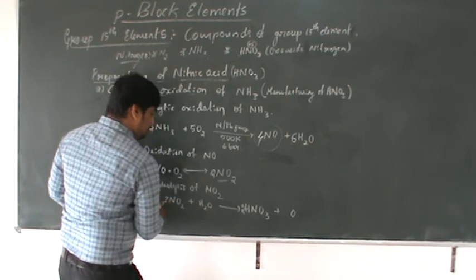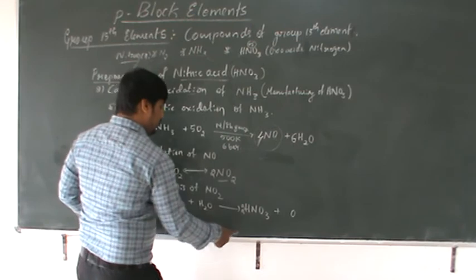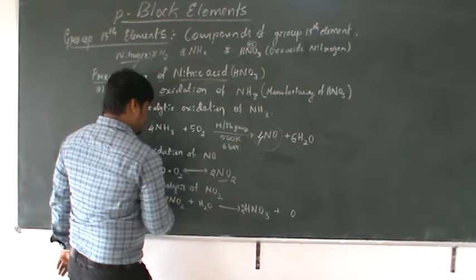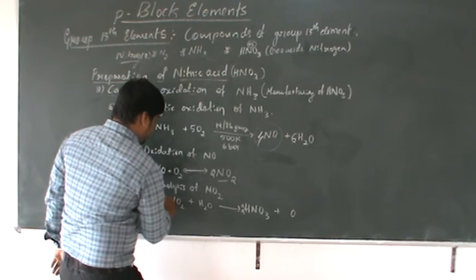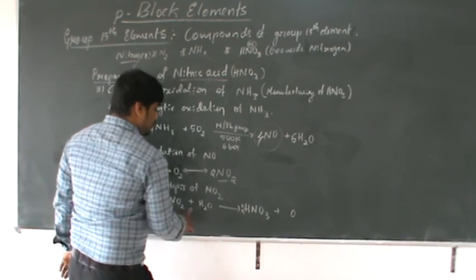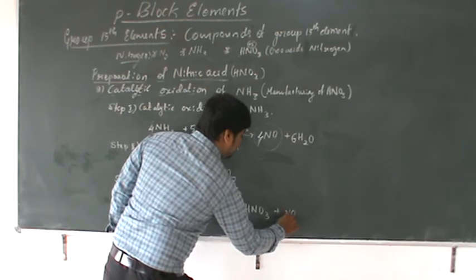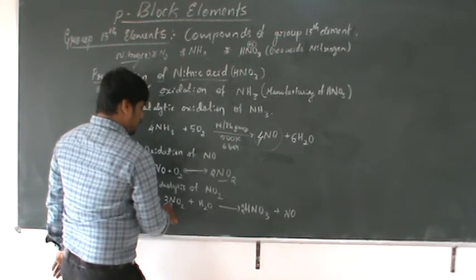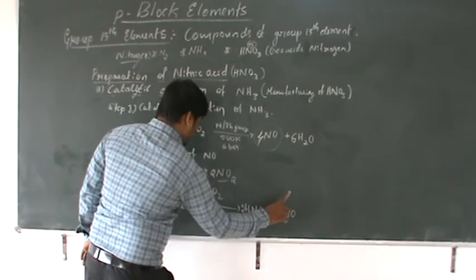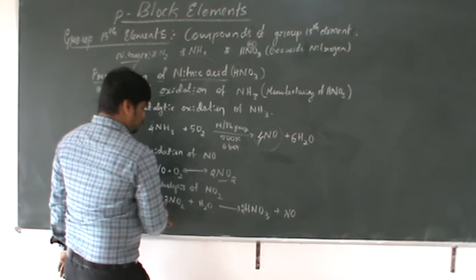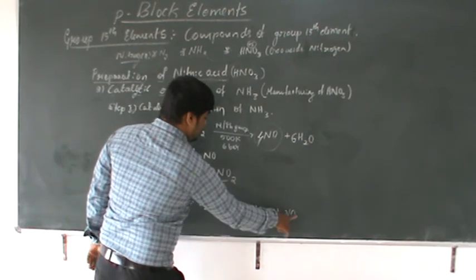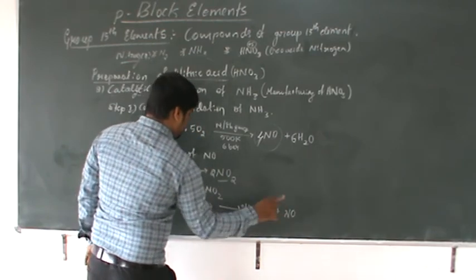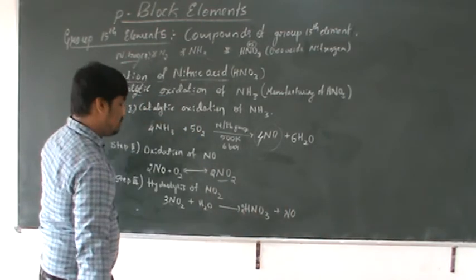But when I multiply by 2, the oxygen number differs. 3 into 2, 6, here 5. Therefore I multiply by 3. 3 nitrogen, 2 nitrogen, 1 nitrogen becomes excess. 3 nitrogen, 2 plus 1, 3. 3 into 2, 6 plus 1, 7. 2 hydrogen, 2 hydrogen. Okay, this reaction is balanced.